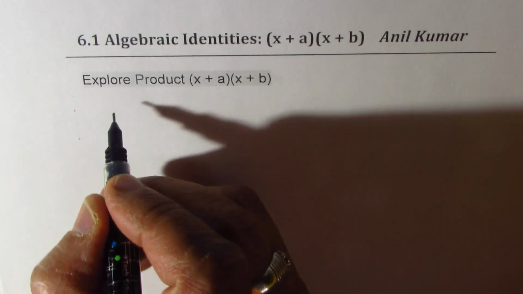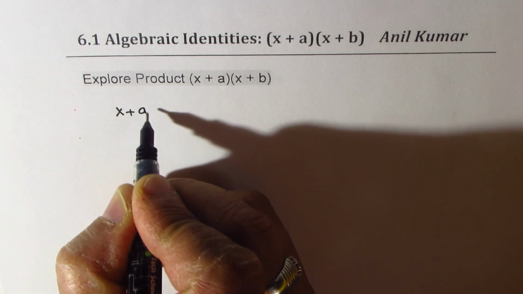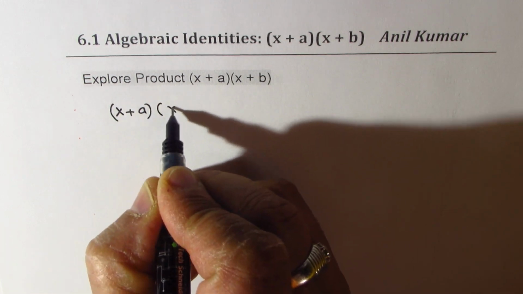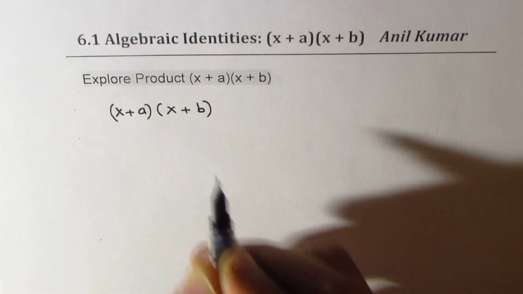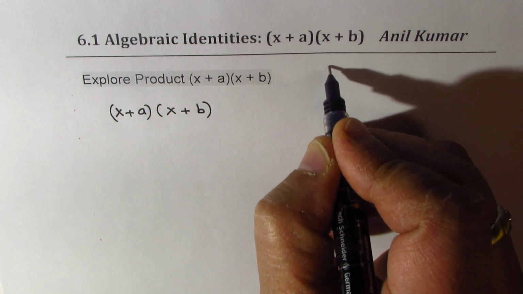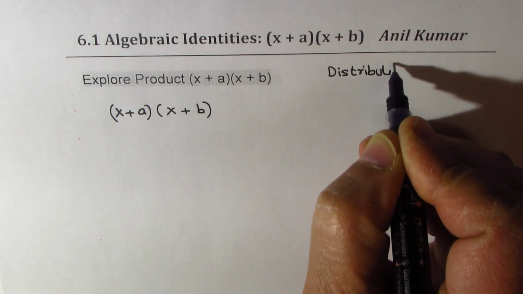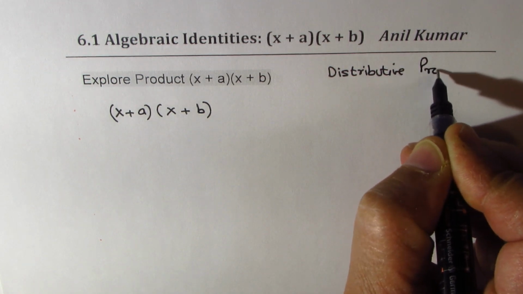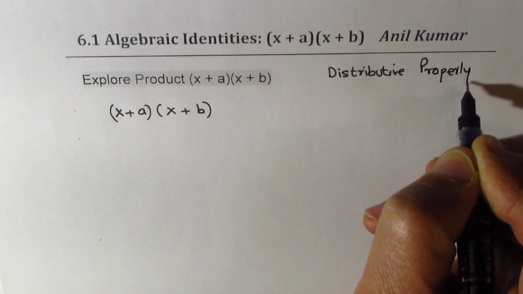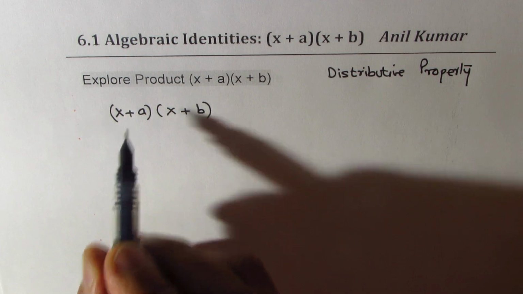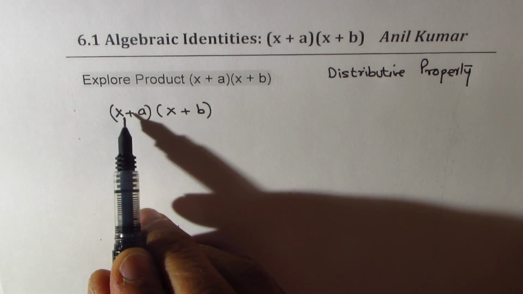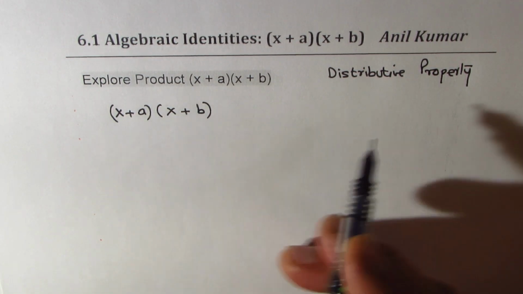So we have this x plus a times x plus b. We'll use a property which is called distributive property. So that really means that when you are multiplying a binomial by a binomial, so these are two binomials, right?